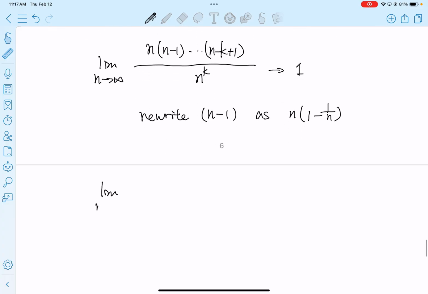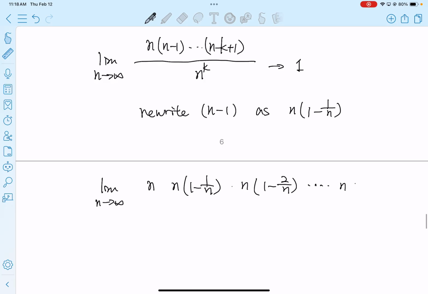So this is what you can do. n multiplied by 1 minus 1 over n, multiplied by n of 1 minus 2 over n, all the way to n of 1 minus k plus 1 over n.